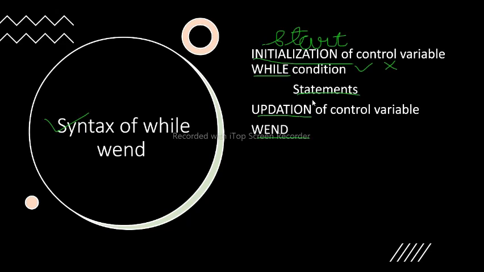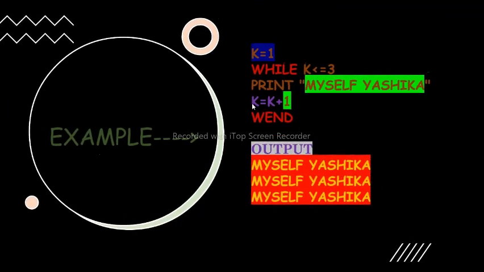That means, I hope yesterday I also posted a video in which I told about accumulation or updation of value of control variable, in which we do like this. You can see here k is equal to k plus 1.